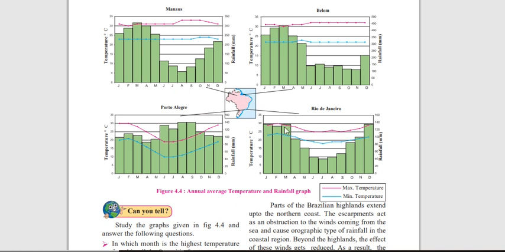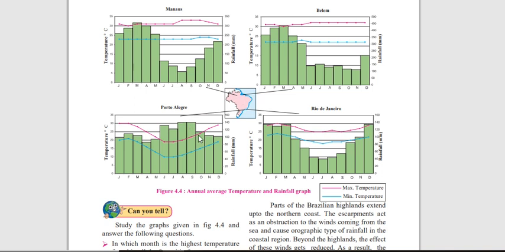In which month does it rain the most in the given cities? In Manaus, it rains the most in March. Belém also, it rains the most in March. In Porto Alegre, it rains the most in August and September.